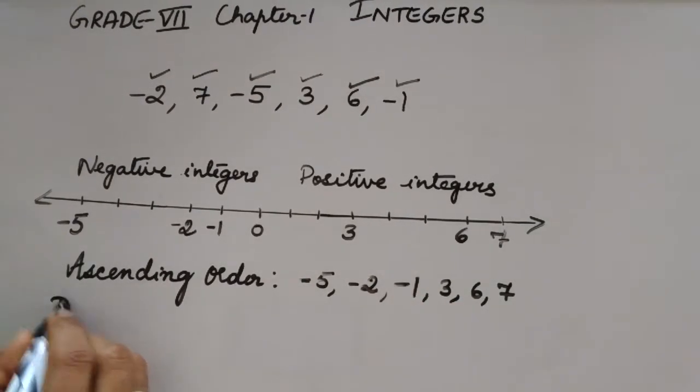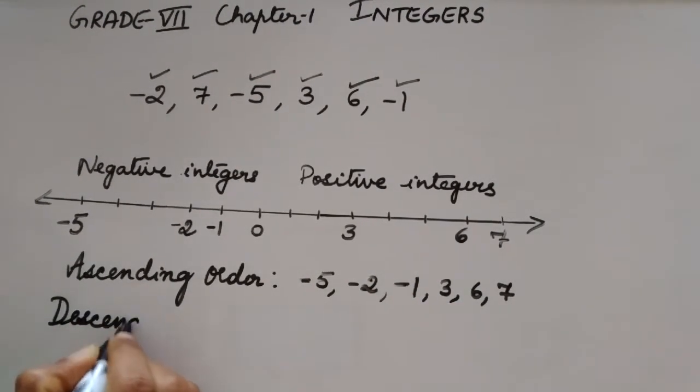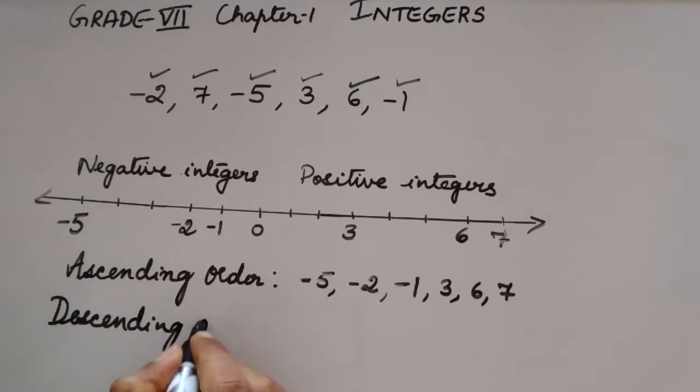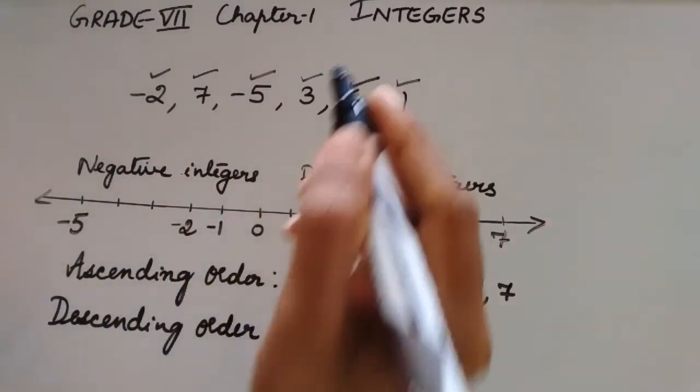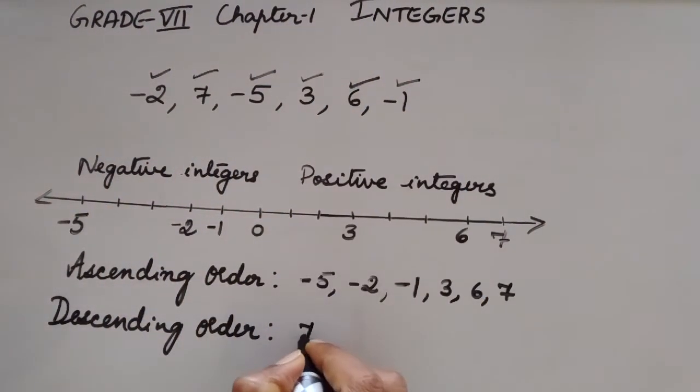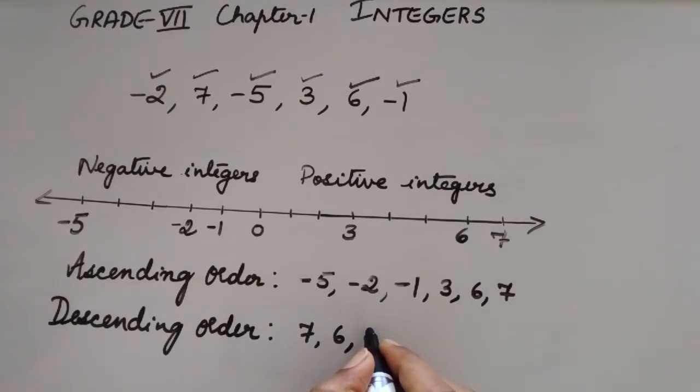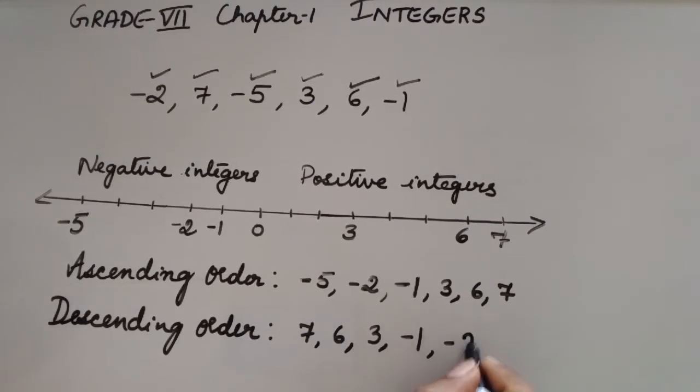Now let us write these numbers in the descending order. So descending order is from big to small. Now in this the bigger number is 7 and next to that is 6 and then it is 3 and next to it is -1, next is -2 and -5.